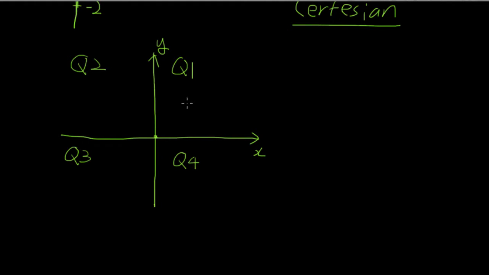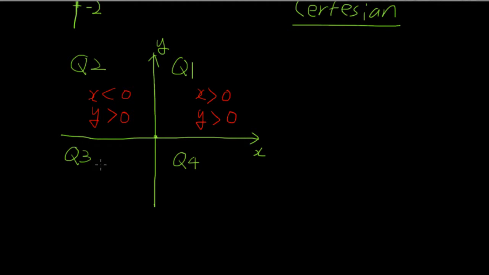As you can see, for any point in the first quadrant, x is going to be positive, greater than 0, and y is going to be greater than 0 because up is positive. What about the second quadrant? From here to the left is negative, so x must be negative, and y is still positive because it's up there.